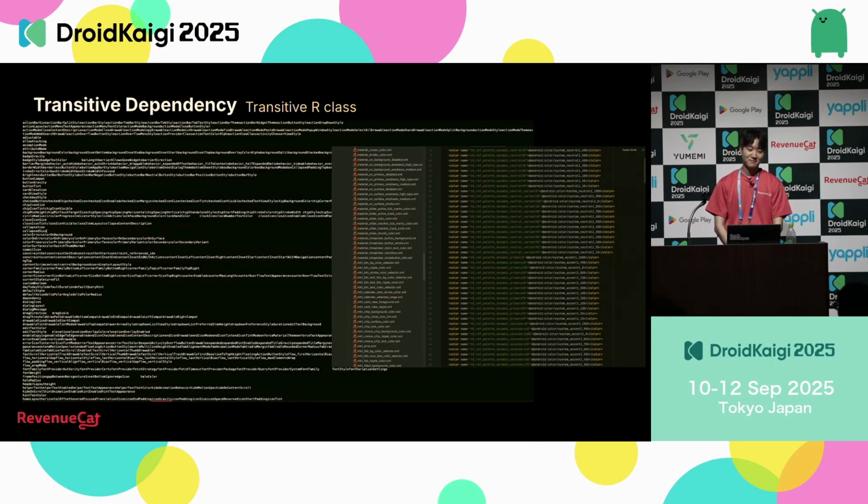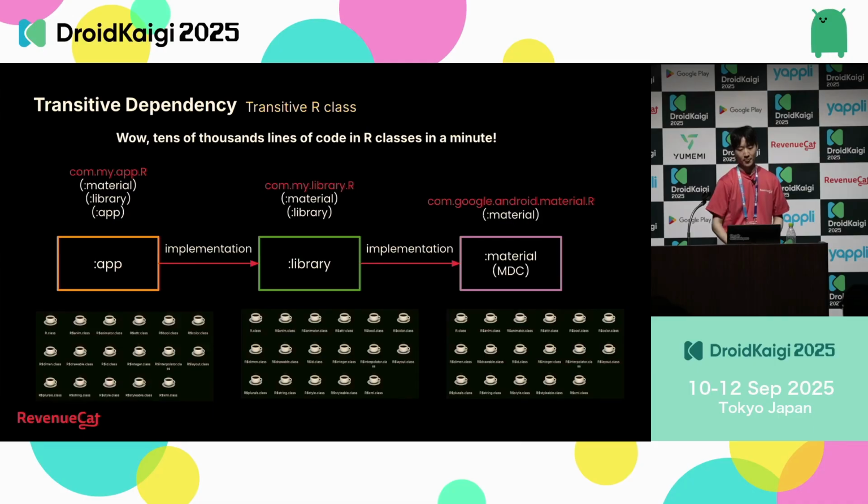And if you just pick one and open it, you will see huge lines of code related to the resources of Material Design Components. Which means you're generating tens of thousands of lines of code in the R classes at compile time, since the entire resource definition will be generated at least 3 times.